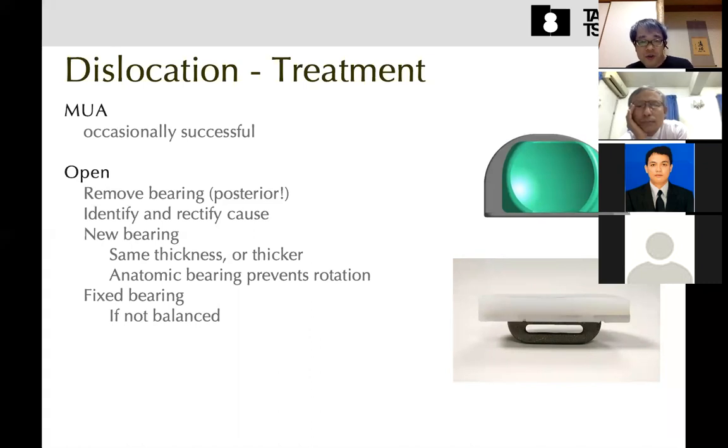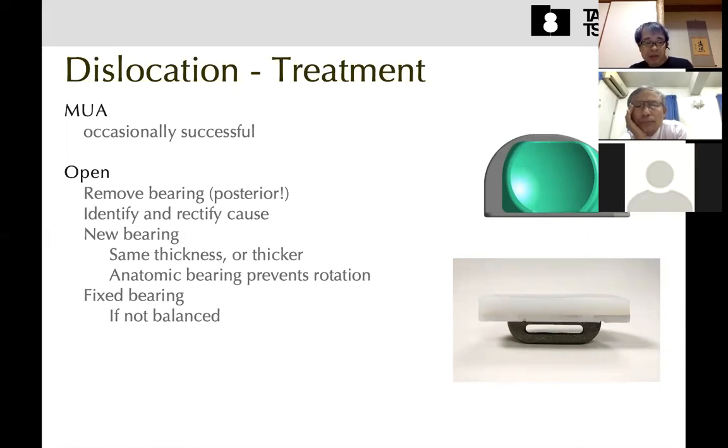We do not use the same bearing again, because this bearing is already damaged. So we need to prepare the new bearing and insert. And sometimes the same thickness bearing is enough, but in some cases we need to insert a 1 millimeter or 2 millimeter thicker bearing. But again, we need to avoid the overstiff, overcorrection.